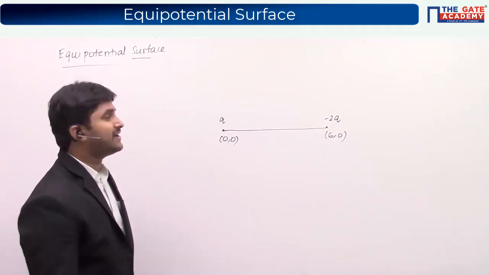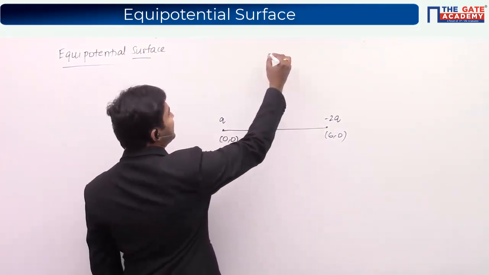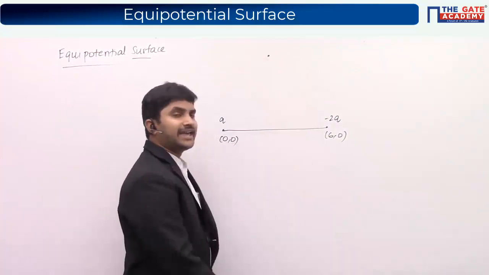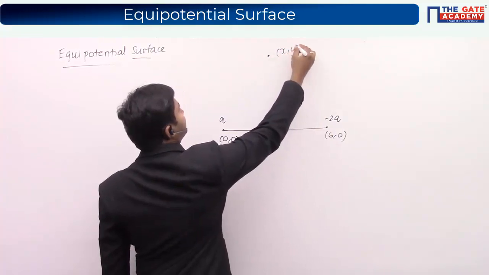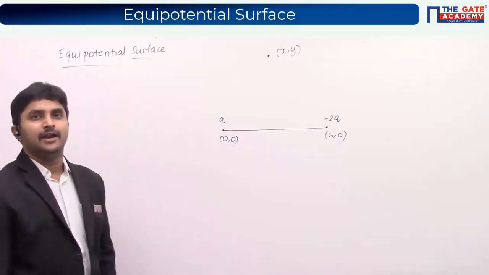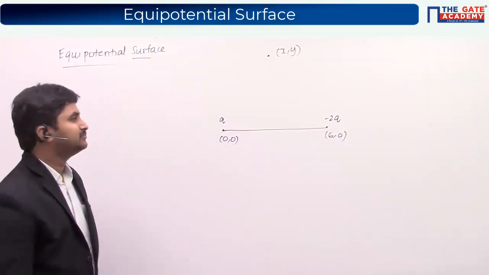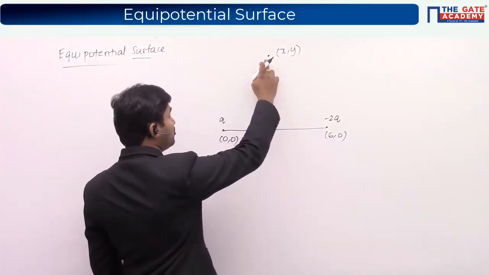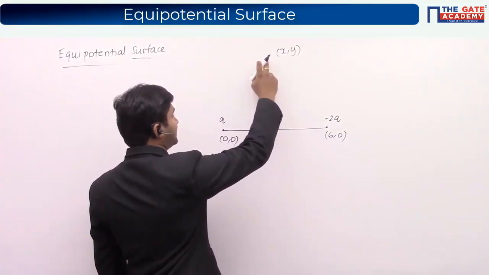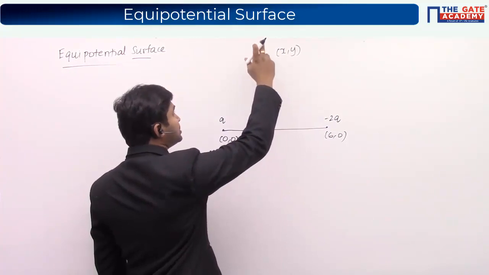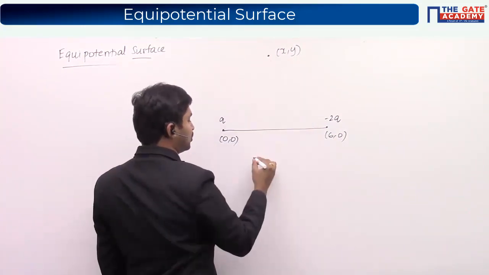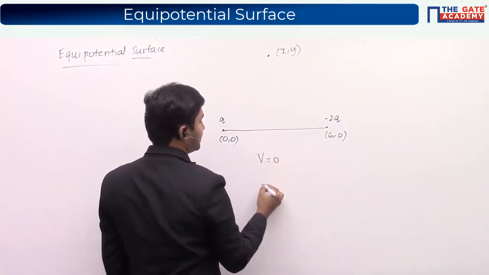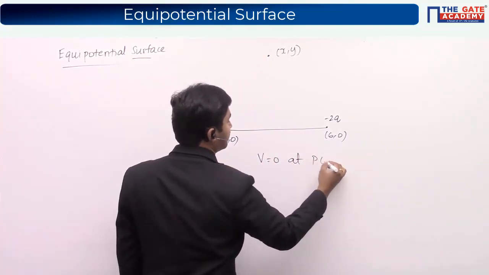So I can select a point, let me call this particular point x comma y. At this point, if I consider that the potential is equal to 0, it means that the total potential is equal to 0 at the point x comma y.